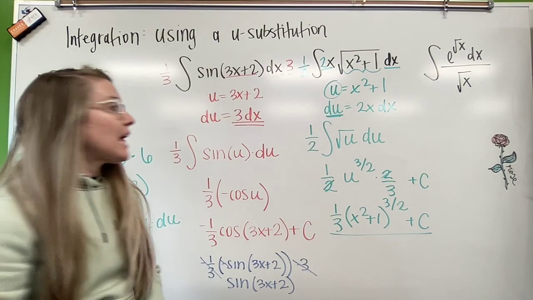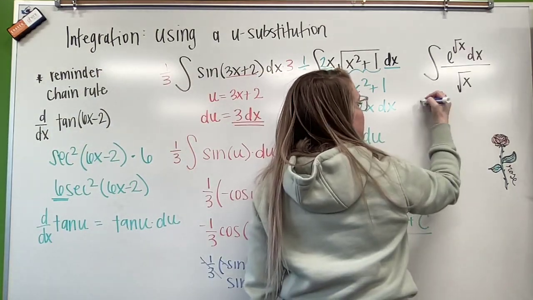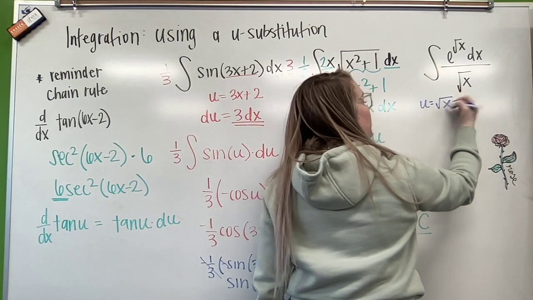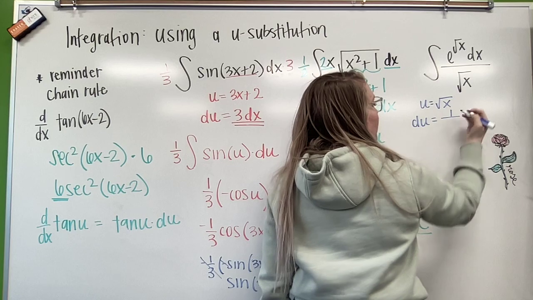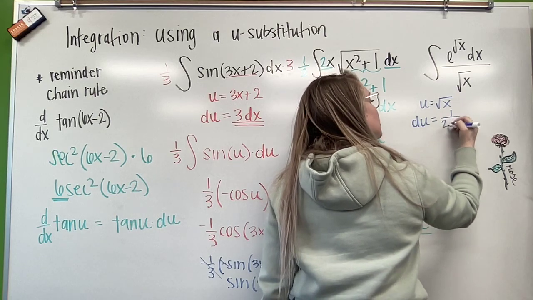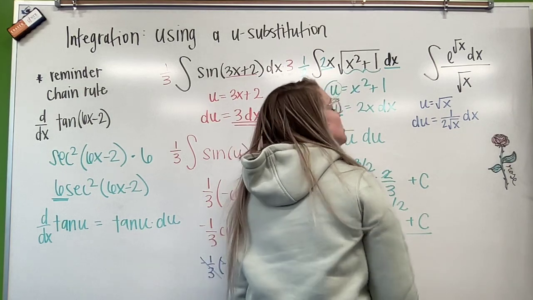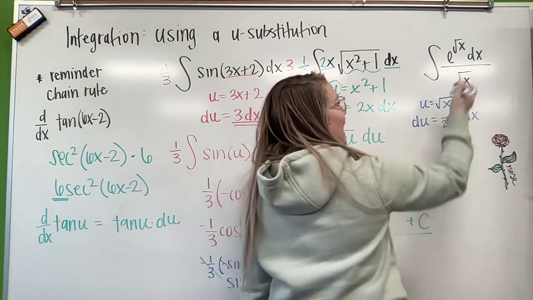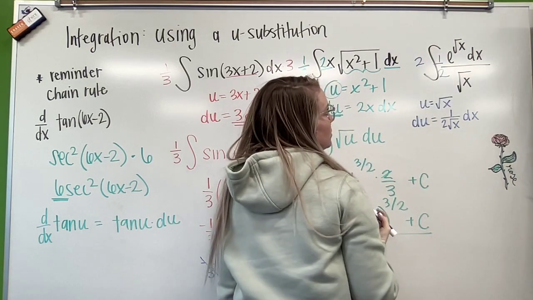All right, last one. Here, my function inside my function is my square root of x. The derivative of that is going to be 1/2 root x dx. So essentially this is a 1/2, and I need to introduce a 1/2, so I'm going to balance with a 2.